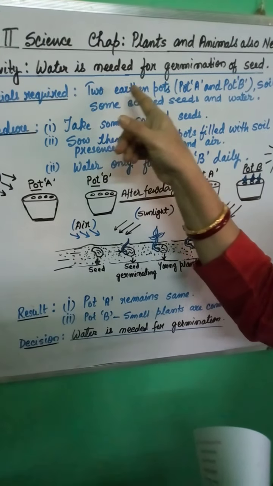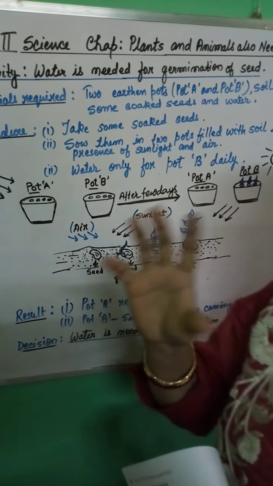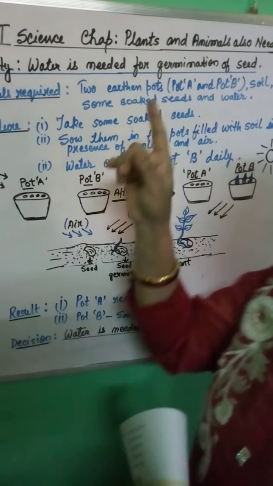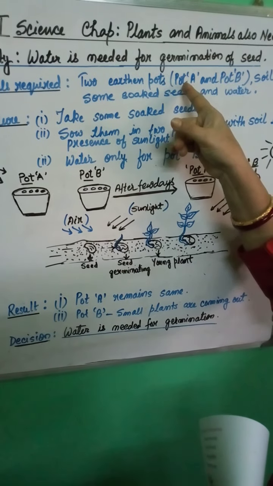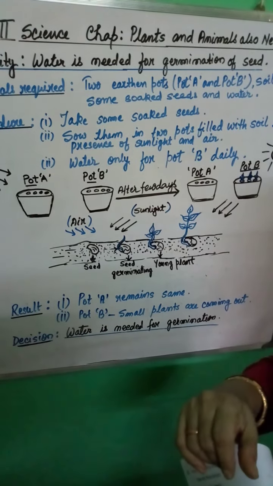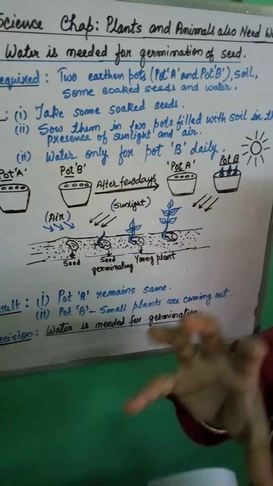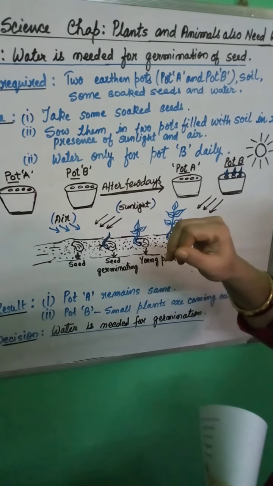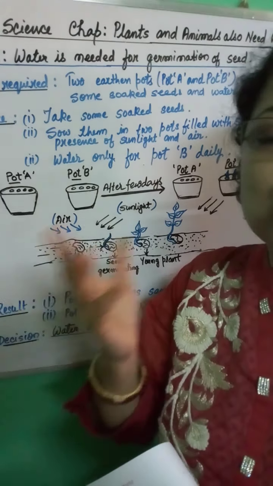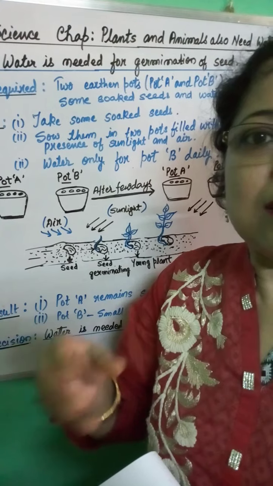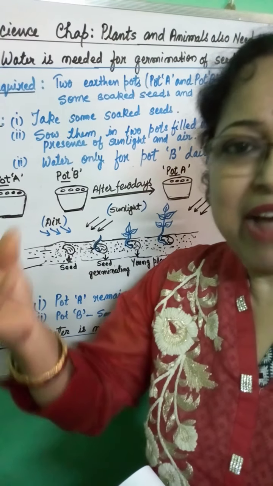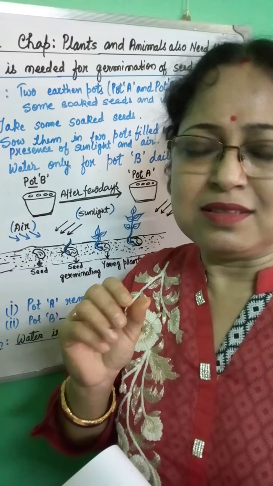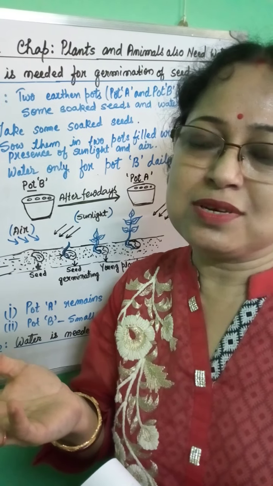You require 2 earthen pots. You will name them as pot A and pot B. And some soil, some soaked seeds. What are soaked seeds? Soaked seeds means when you put dry seeds in water for a few hours, they become soaked seeds.